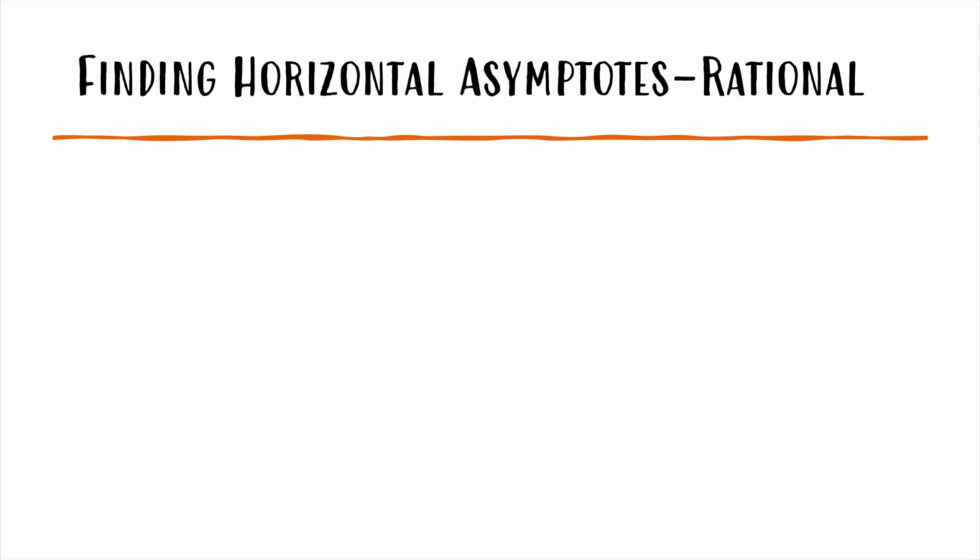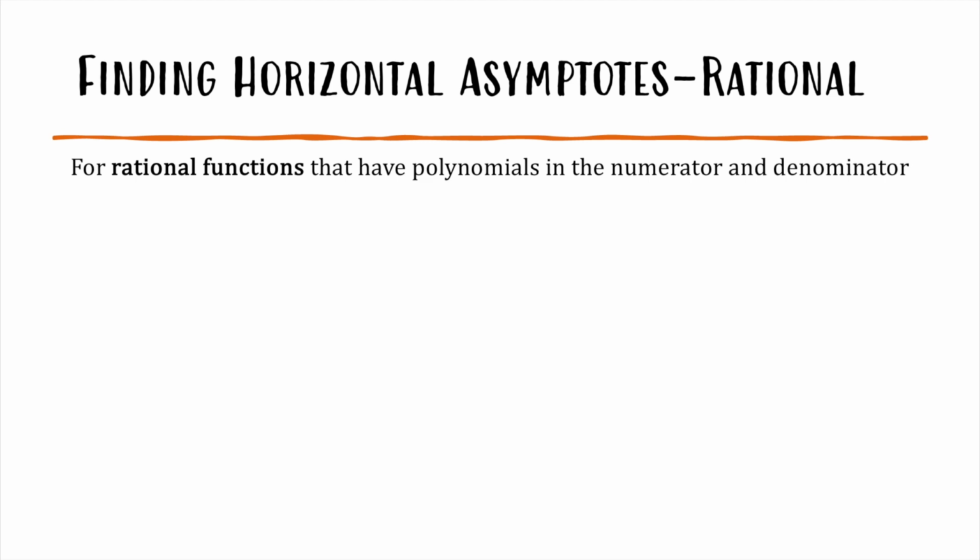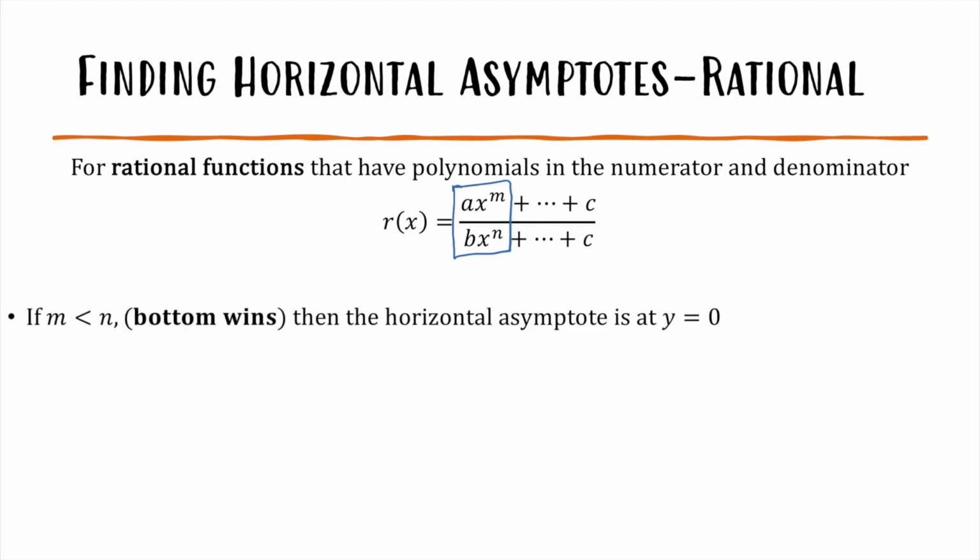So finding horizontal asymptotes of rational functions, that's when you have a polynomial in the numerator and the denominator. And what we're going to focus on are the leading terms of the top and the leading terms of the bottom. So if m is less than n, so we're looking at the exponents of each. If m is less than n, so if the bottom wins, the bottom is bigger, then the horizontal asymptote is at y equals 0.